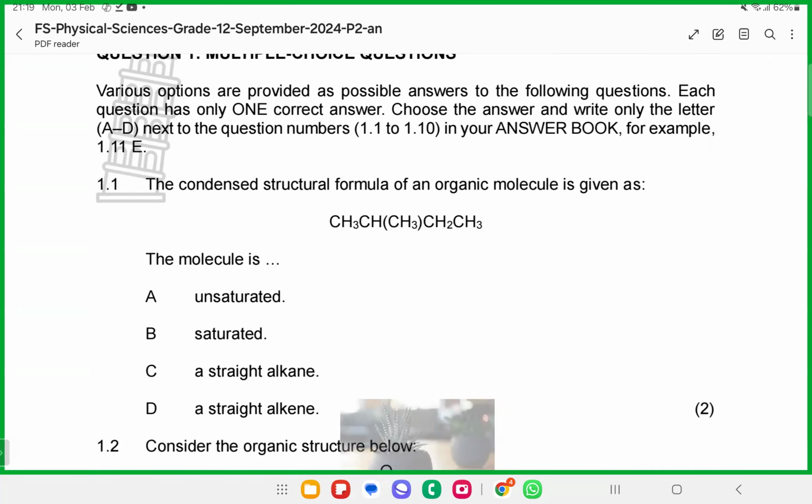The condensed structural formula of an organic molecule is given. Which one is the correct answer here? B. Right, can you explain to them how you knew it was saturated, sir?